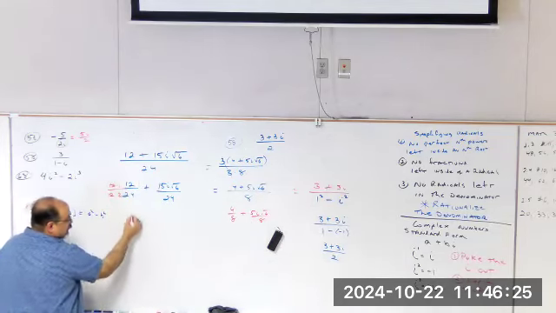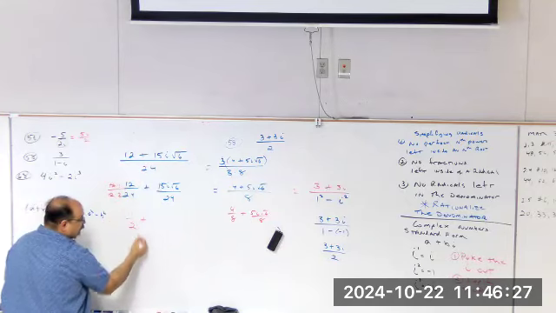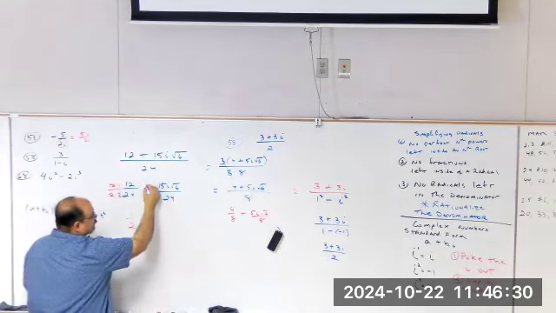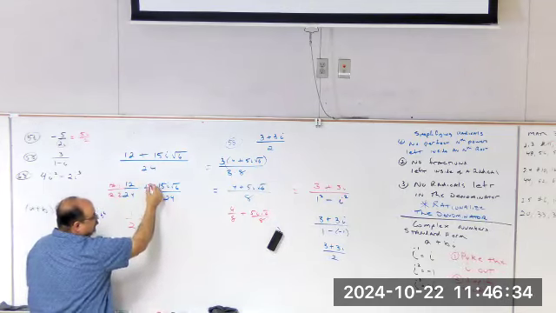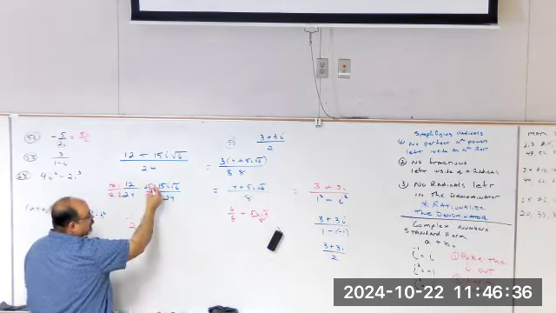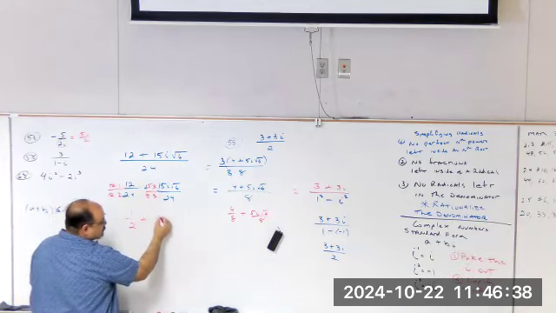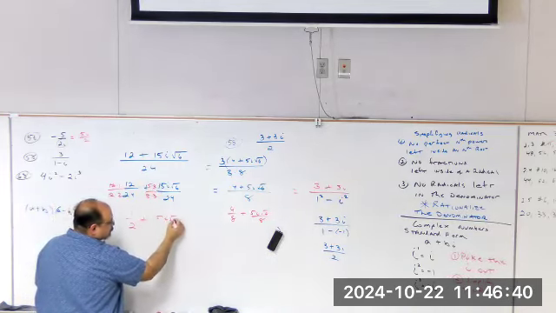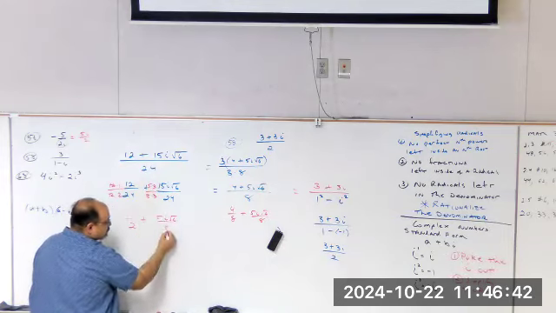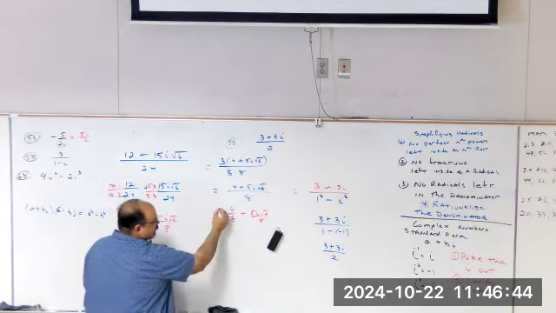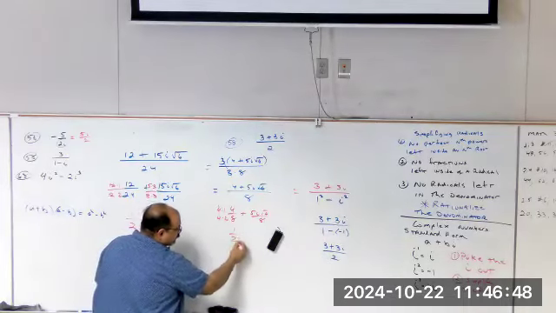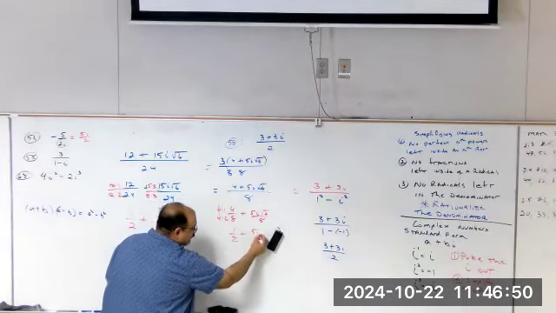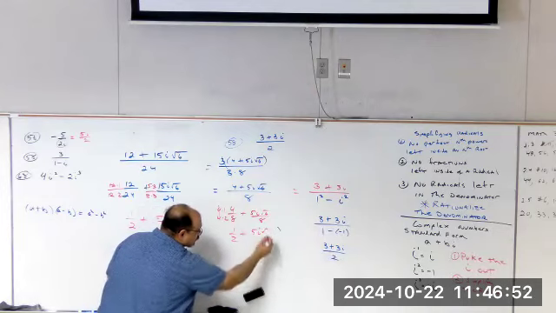I can reduce the 12s, I get 1/2. Plus, this is 5 times 3 over 8 times 3. I can reduce the 3s, so I'm left with 5i square root 6 over 8. Or this is 4 times 1 over 4 times 2, 1/2 plus 5i square root 6 over 8.